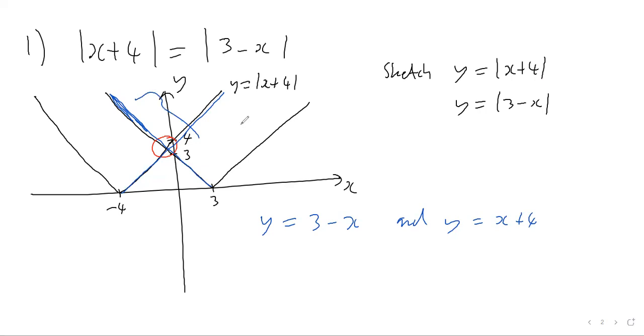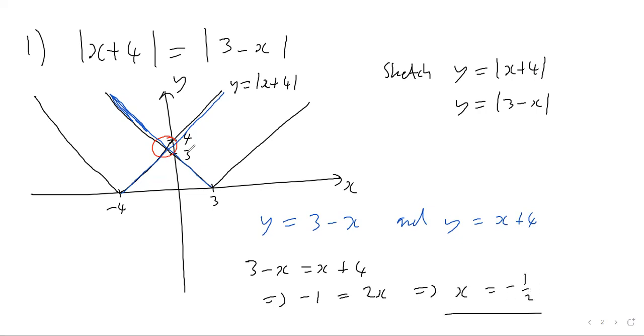Essentially, where these two lines intersect will be our solution. So if we make 3 minus x equal to x plus 4 and solve this, we get minus 1 is equal to 2x. Therefore, x is equal to minus half. So this point of intersection is at negative 1/2, and that would solve our problem.